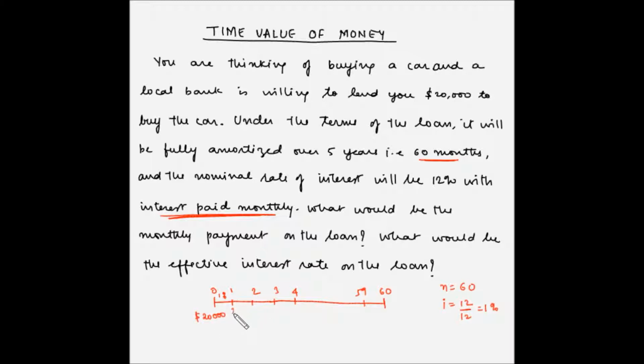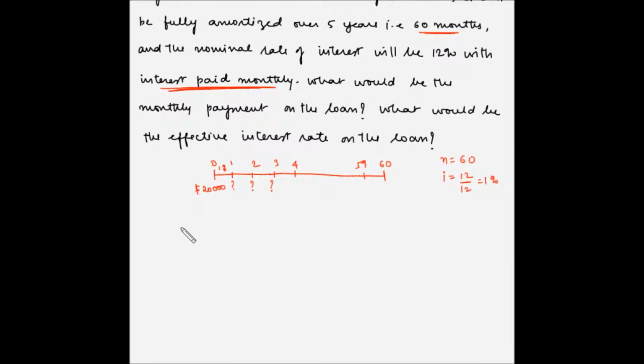Now the amount of loan is $20,000, and we want to find out what will be the monthly payment. So this becomes a case of an ordinary annuity with, of course, multi-period compounding, because compounding is happening on a monthly basis. We know the present value of this annuity, so we'll use the present value formula.